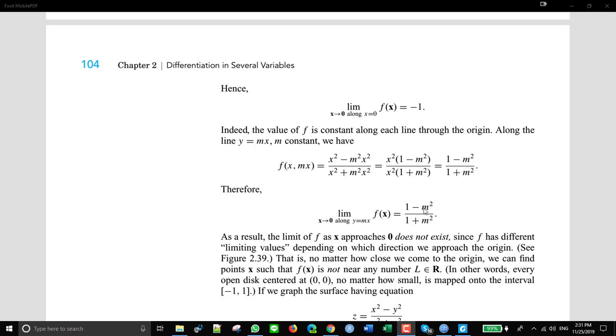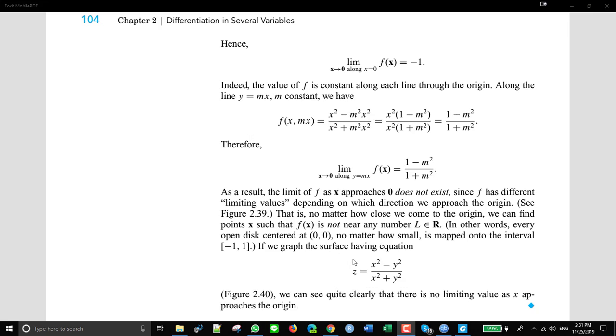We can see that it's going to be 1 minus M squared over 1 plus M squared. So we can always say that this is going to be bigger than this. Then we can say that the limit is going to be somewhere between -1 and 1. Okay, so anyway, that's what the limit's going to be.